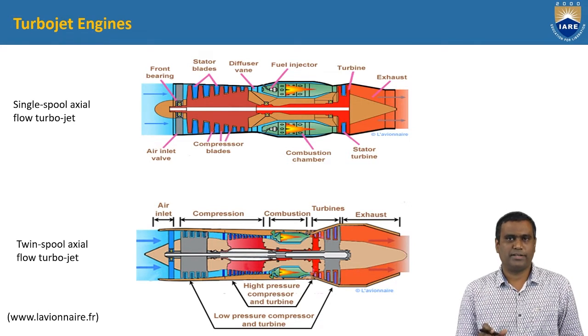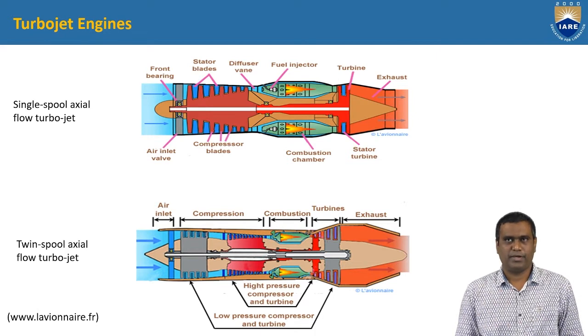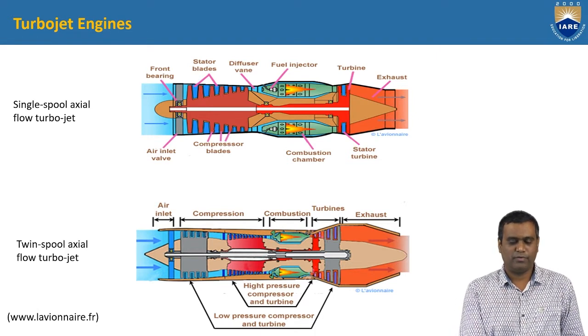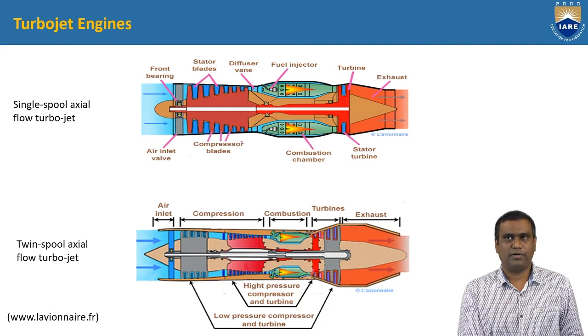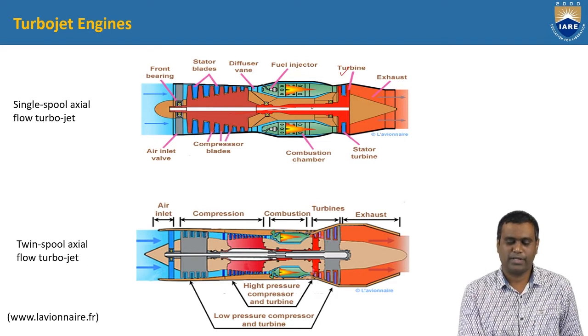Single spool means a single set of these components. Dual spool means two sets of compressor turbine combinations. In the first diagram, it is a single spool axial flow turbojet where the compressor is run only by the high pressure turbine. Of course, they are connected by a shaft.